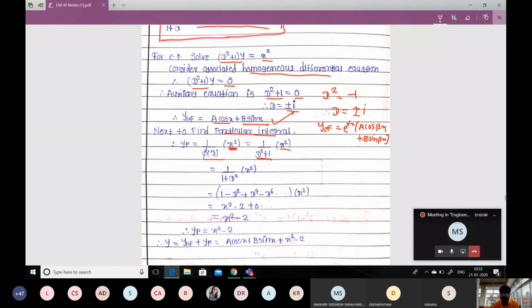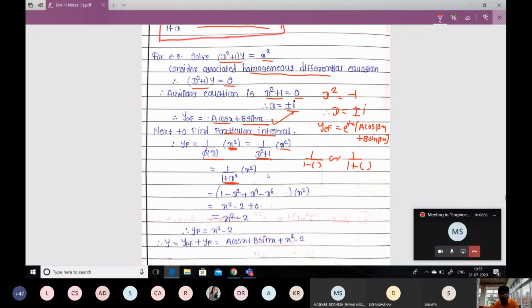Okay, as it is. And I just wanted to write the series expansion. So I need to convert that auxiliary equation somehow in terms of 1 upon 1 minus something or 1 upon 1 plus something, because we have only two formulas, 1 upon 1 minus x and 1 upon 1 plus x. So here I can write the denominator as 1 upon 1 plus D square.